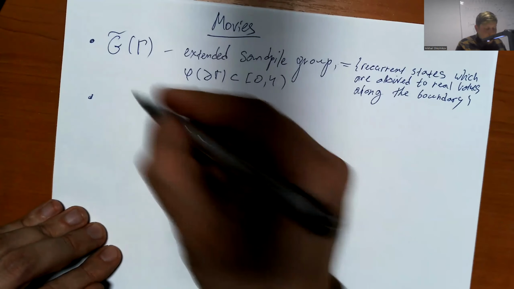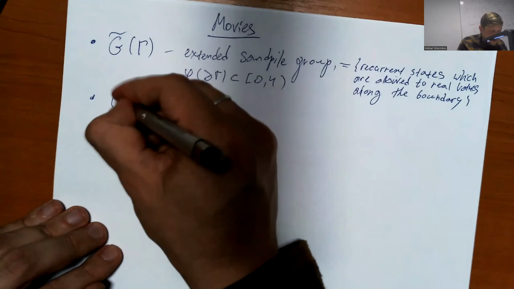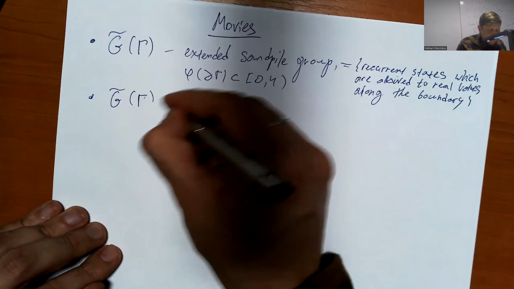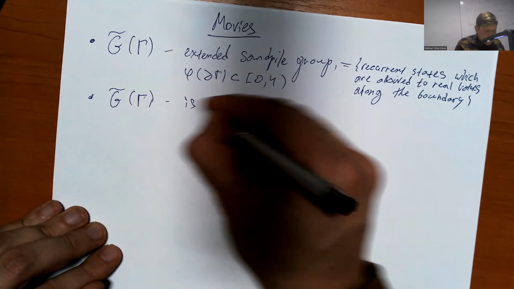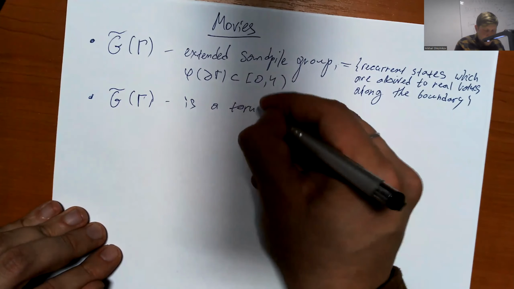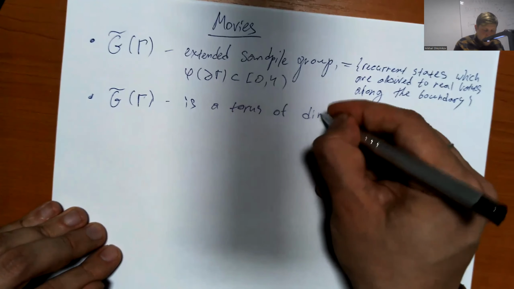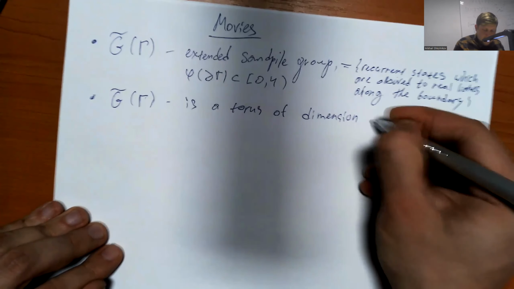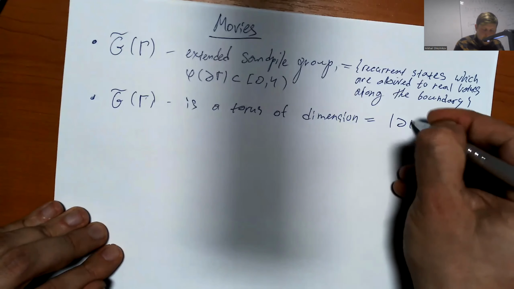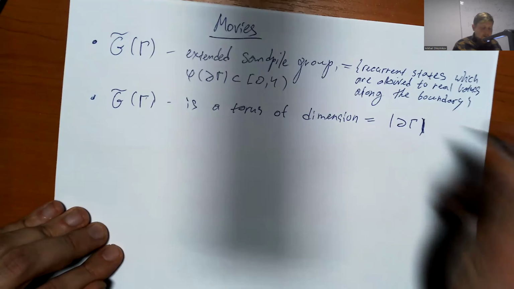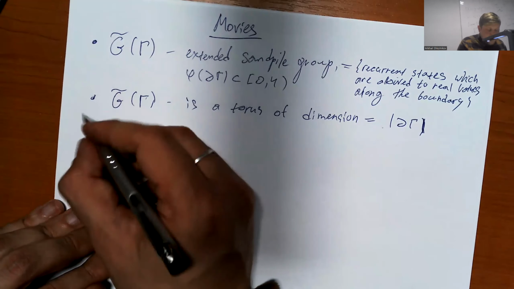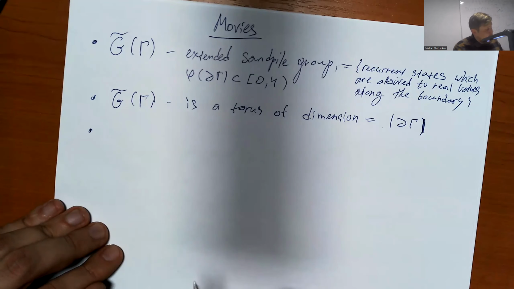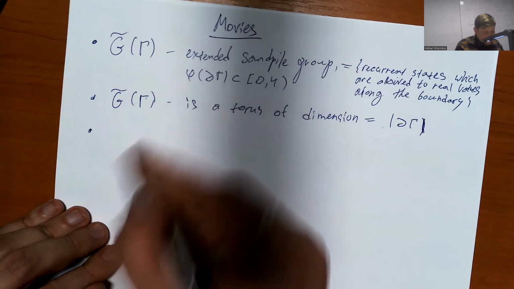Now, what I wanted to tell is that in this particular case of lattice subgraphs, G tilde of gamma is always connected. It's a torus of dimension equal to the number of points at the boundary.